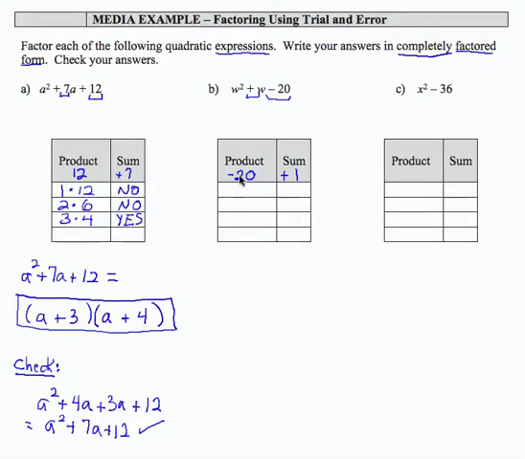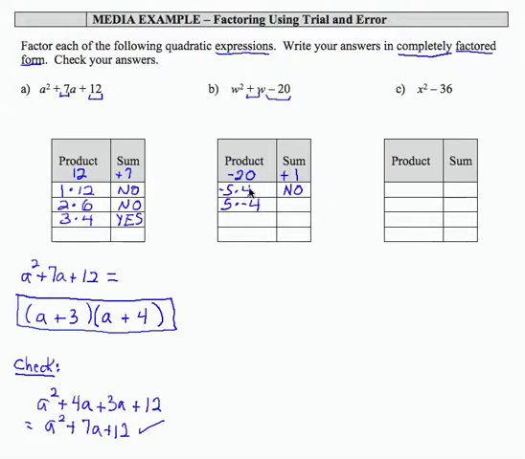So notice that because the product is negative, I'm going to have alternating signs between my numbers. So I'm going to start with negative 5 times 4. That gives me negative 20. But negative 5 plus 4 is negative 1, so that does not give me the sum that I want. Let's look at 5 times negative 4.